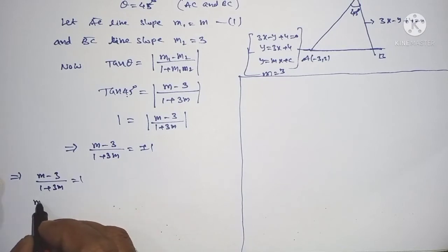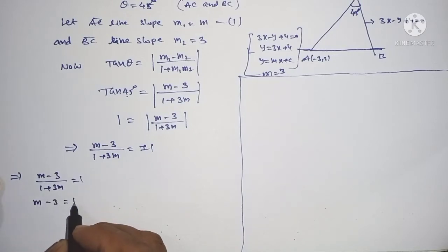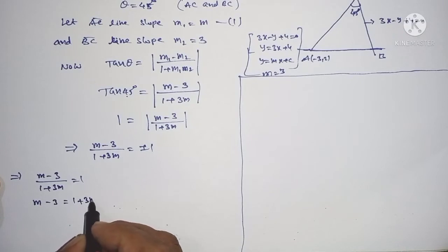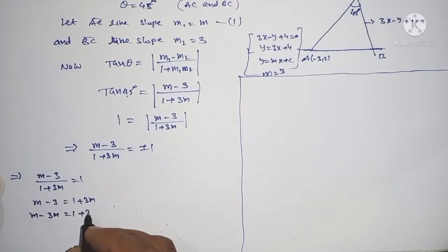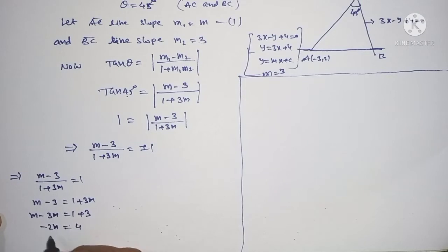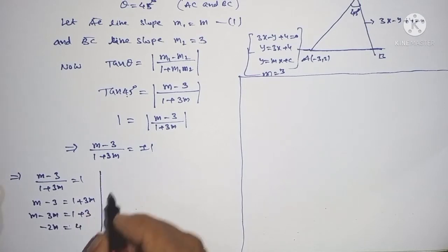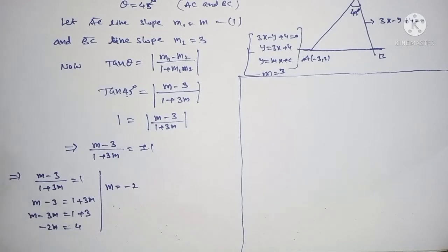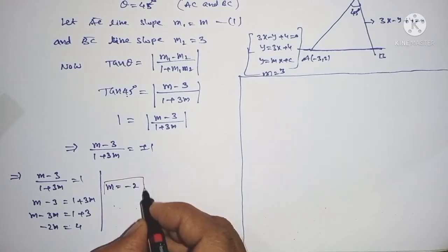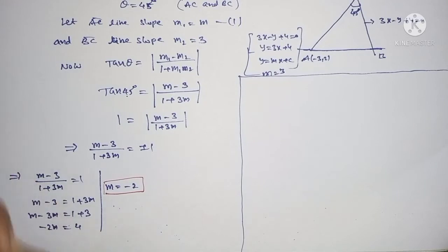Therefore m minus 3 is equal to 1 plus 3m. Bring this side, what happens is m minus 3m is equal to 1 plus 3, or minus 2m is equal to 4. You got here m is equal to how much? Minus 2. One value you get is m is equal to minus 2. Similarly you can take here minus 1.